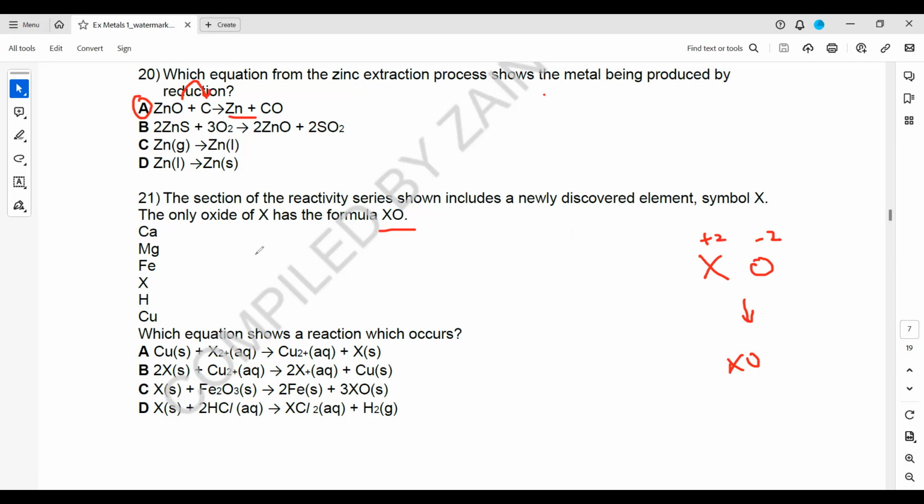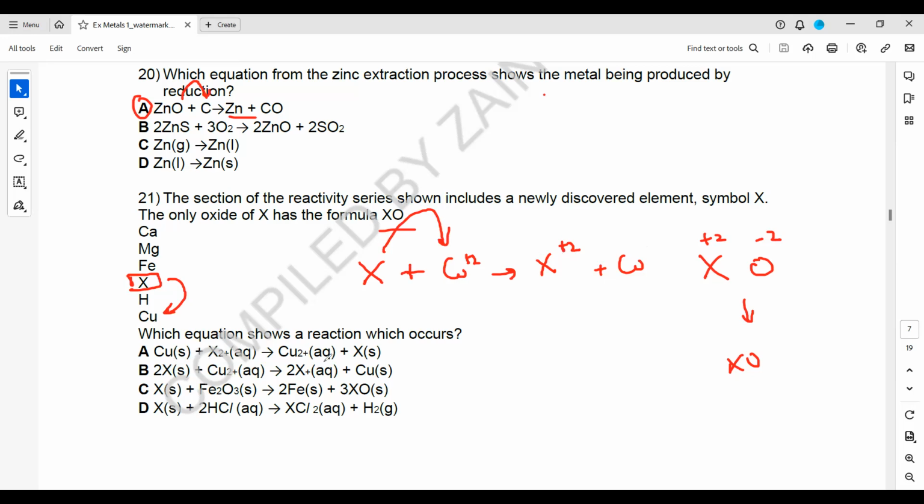Now, which equation shows a reaction which occurs? X is more reactive than copper or hydrogen, so X can only displace copper ion. So if we have X metal and we have a copper ion, then it will form X ion and it will form copper metal, because X is more reactive than copper, so X will displace copper ion from the solution, forming X ion and copper metal.